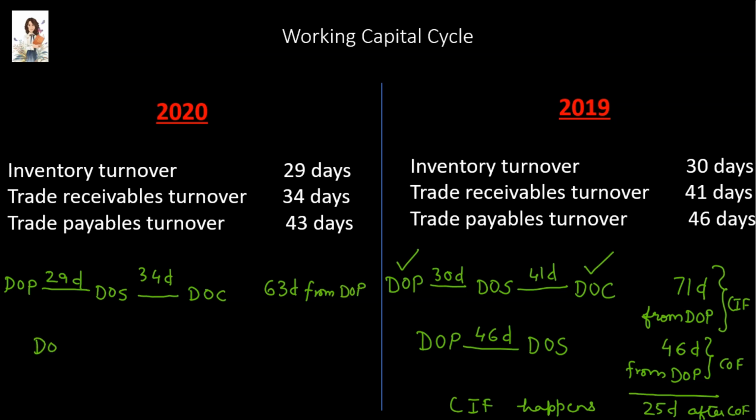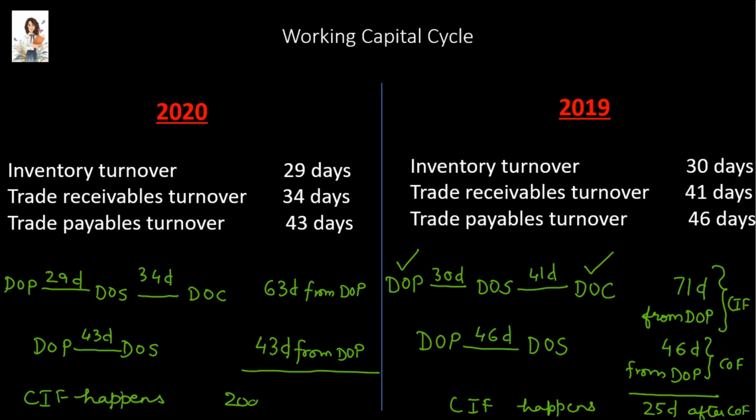From the date of purchase of raw materials, we have to settle our debts to our trade payables within 43 days. Therefore, the cash outflow happens 43 days from the date of purchase. And therefore, we see that in 2020, the cash inflow happens 20 days after cash outflow.